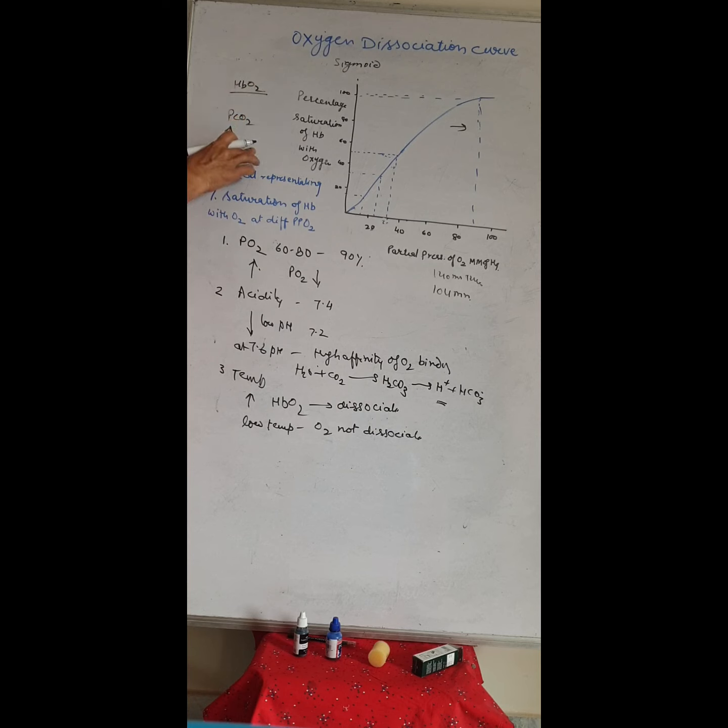This is called the Bohr effect. Oxygen may also be reduced due to lactic acid formation. When lactic acid is formed, the oxygen binding capacity becomes less.